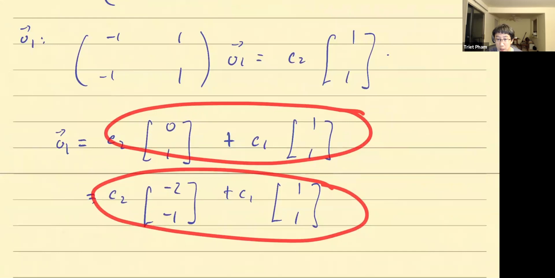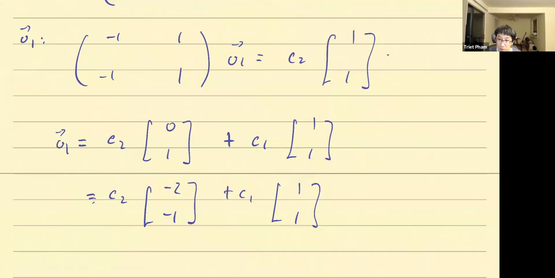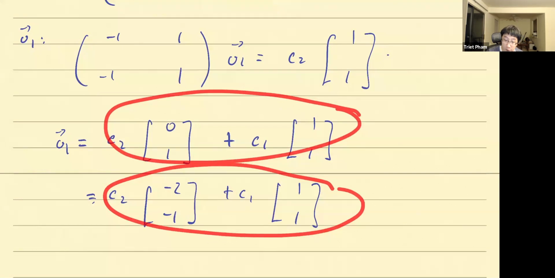These are the same vector space. Is that clear? Because actually, if you choose 1 here and -2 here, you will get (-2, -1). Is it okay? So either of these would fit for V1.